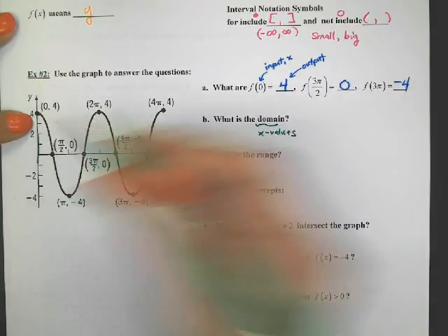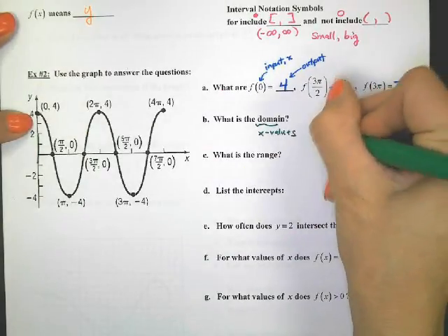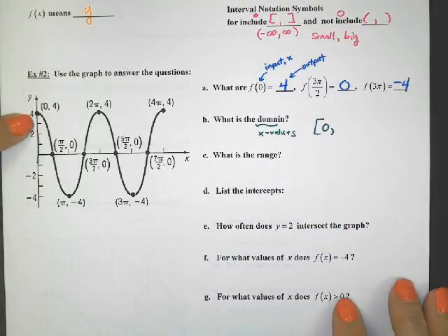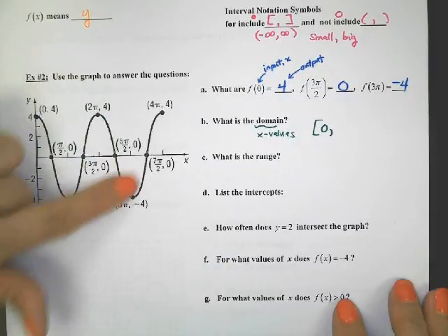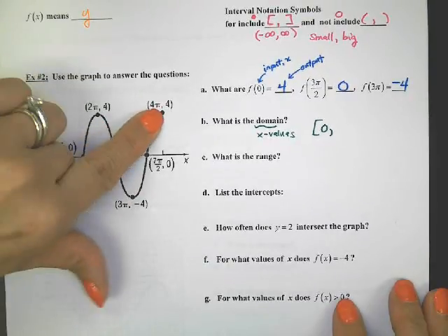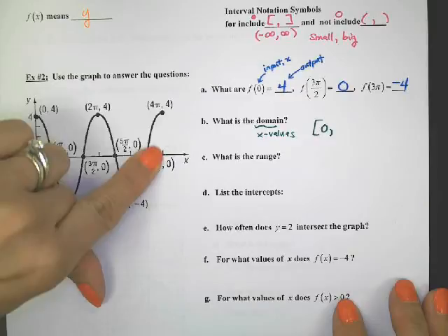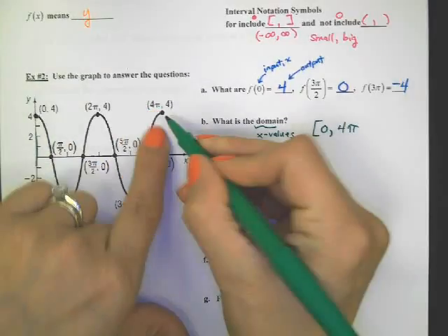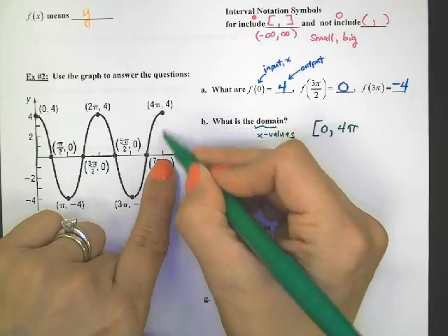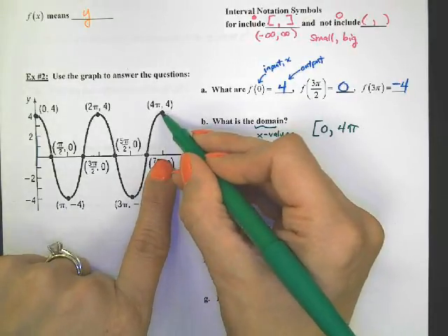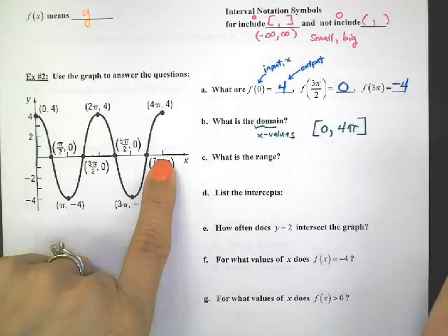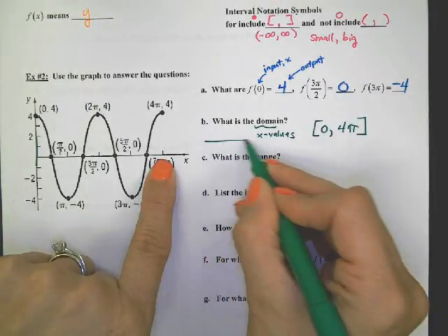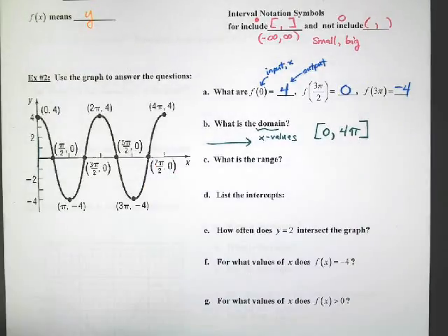Since it's closed, I'm going to use brackets. 0. Now, does it go forever? I see this graph only goes to here. What's the largest x value that it uses? 4 pi. Does it touch 4 pi? Is that a closed point? Since it touches, you're going to bracket it up. Okay, so x values, you look along the x-axis from left to right.